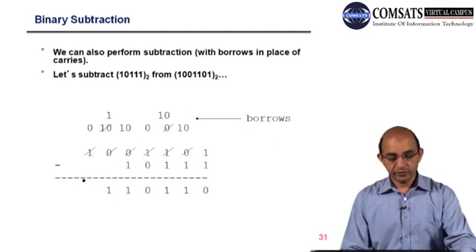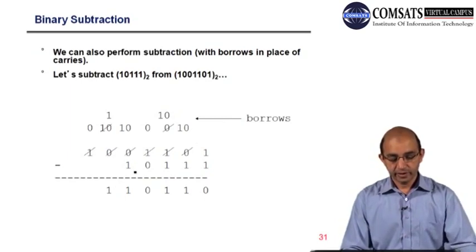And then we have binary subtraction. We have to subtract this number from this number. Here we have 0 and this is 1, so we will be having a borrow here, not carry, borrow.